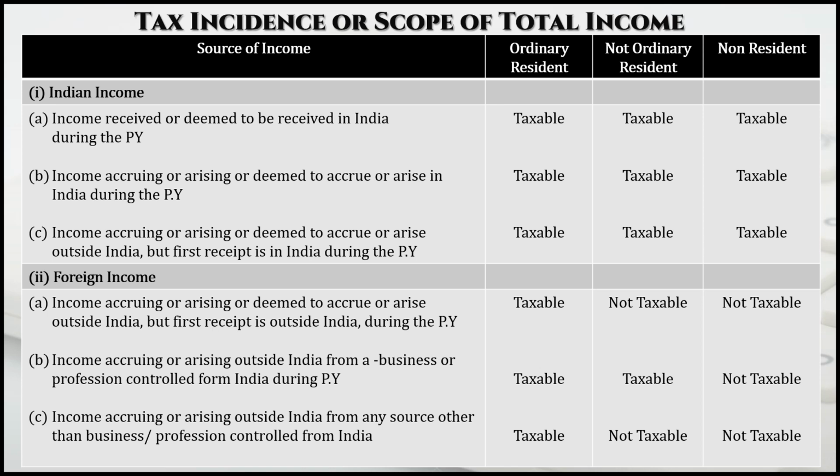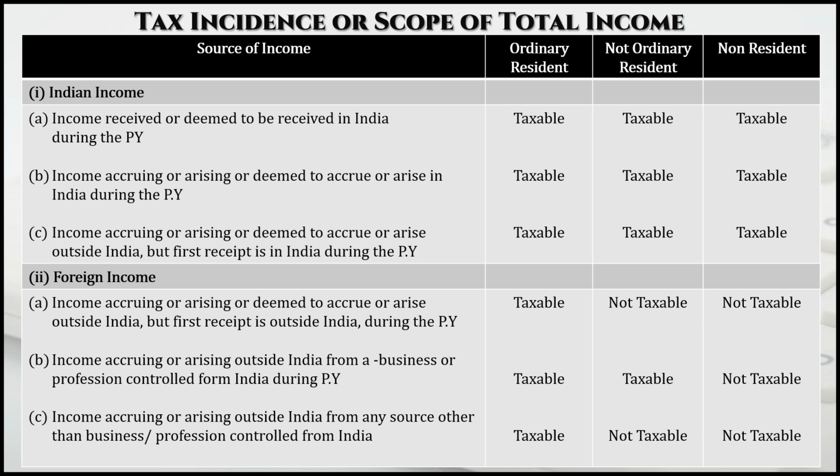For example, it can be a land that you own outside the country and you're getting rent, or agricultural land present outside the country, and you're earning something from a foreign country. It's not a business, it's not a profession, still it's controlled in India. Some other source other than business or profession, it's a foreign income, then it is going to be taxable for ordinary residents alone. It will not be taxable for not ordinary residents and non-residents.